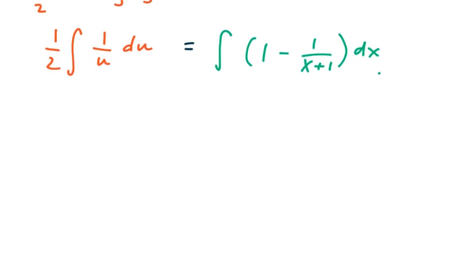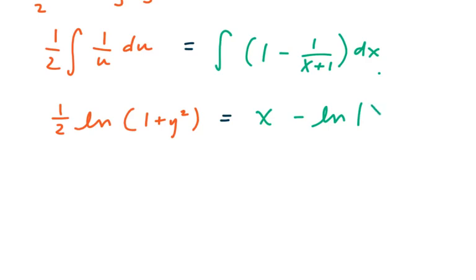In doing that, on the left, we end up with 1/2 the natural log of 1 plus y squared. And on the right, the integral of 1 is x. And the integral of 1 over x plus 1 is going to give us negative ln, the absolute value of x plus 1. And then we always end with our arbitrary constant plus c.